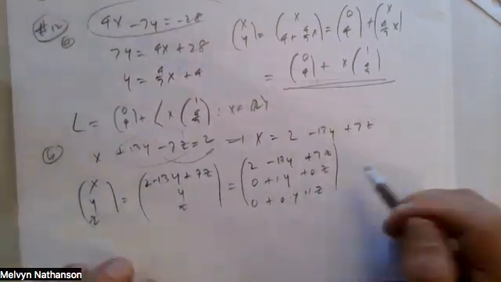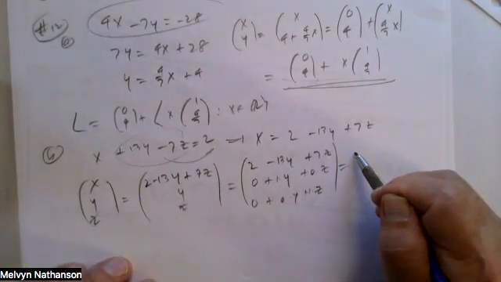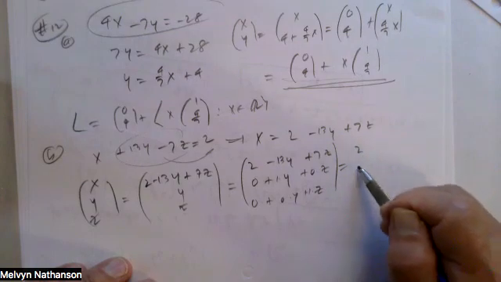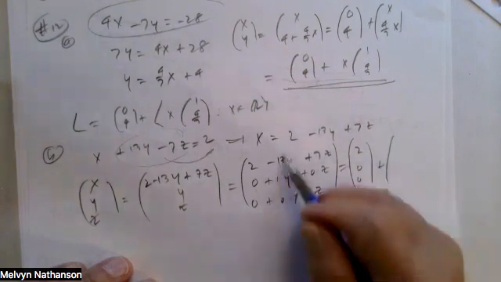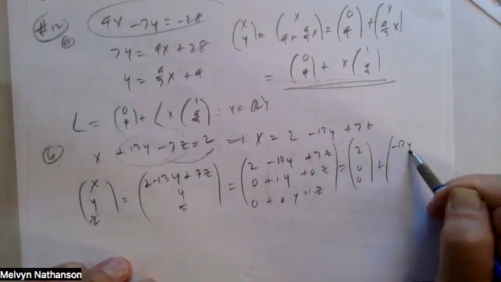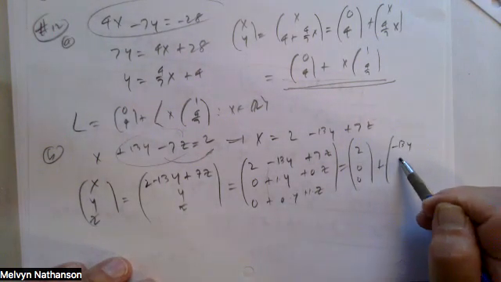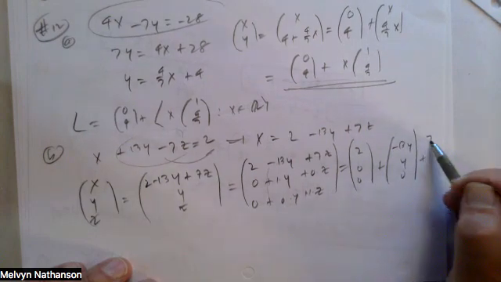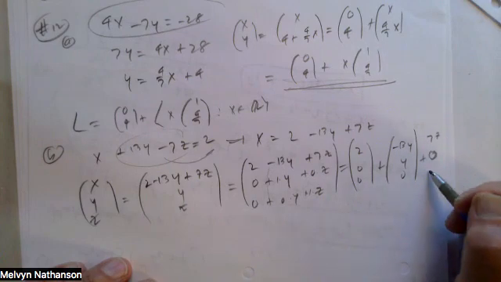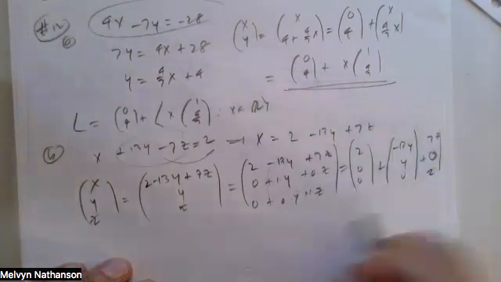So if I write this in vector form, this is the vector 2, 0, 0 plus the vector minus 13y, y, 0 plus the vector 7z, 0, z.